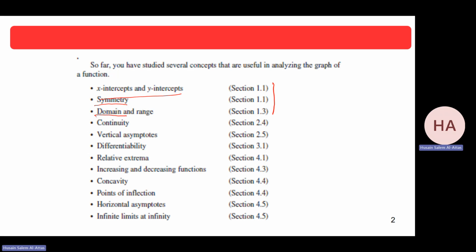In this course, in Math 101, we talk about continuity, and we talk about vertical asymptotes and horizontal asymptotes, which actually we did also in the prep year.